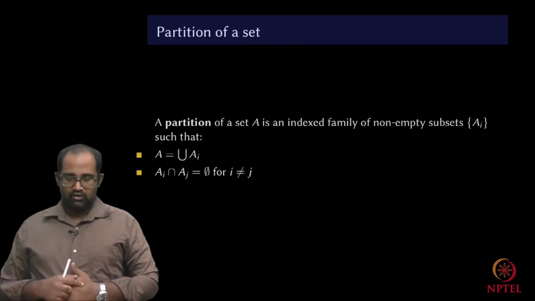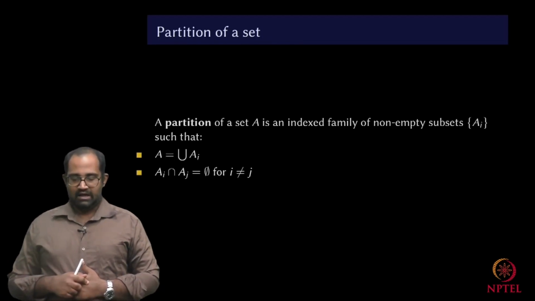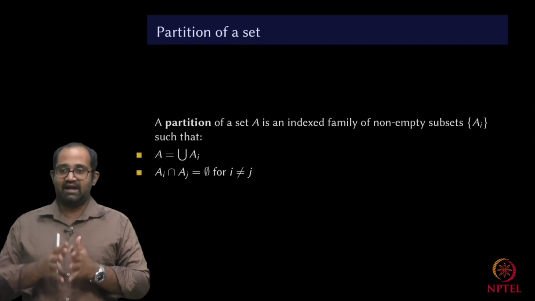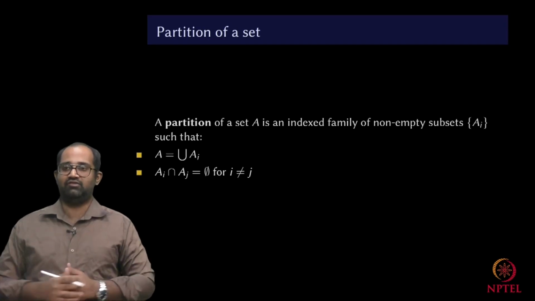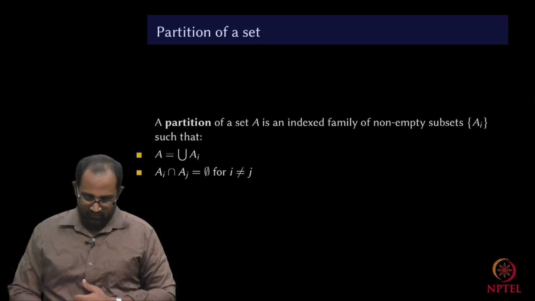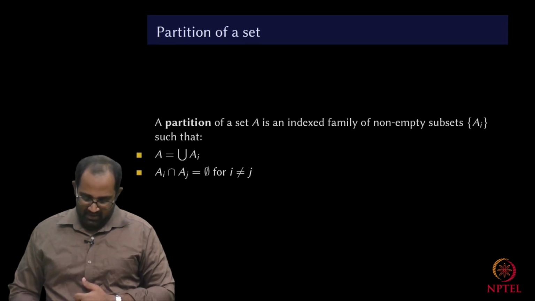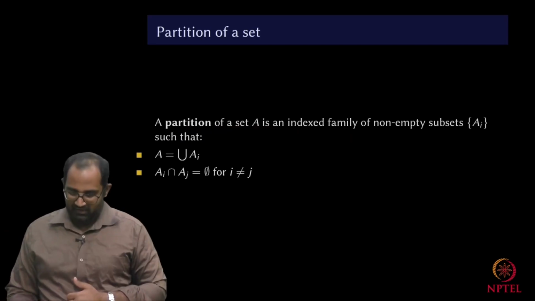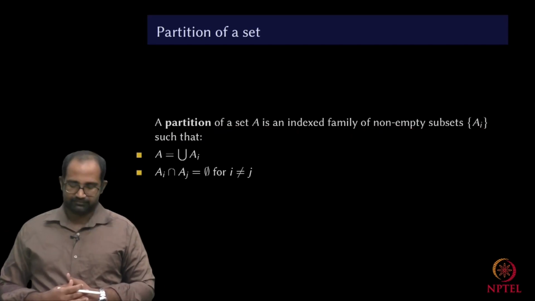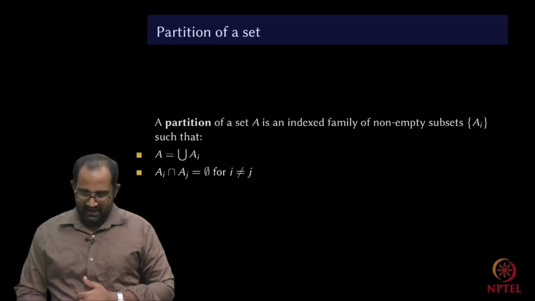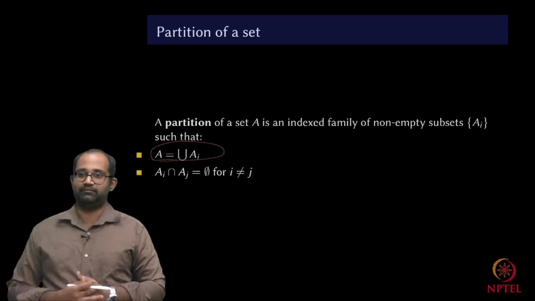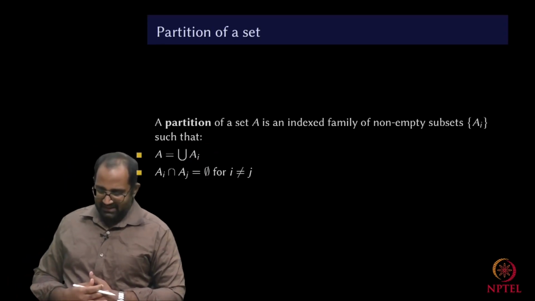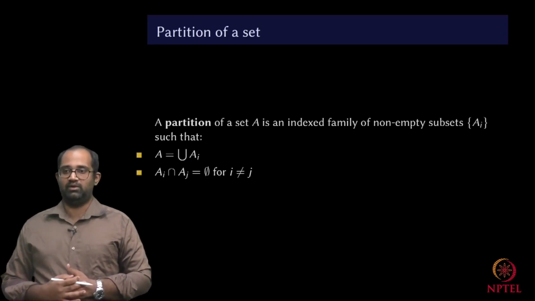Now, coming back to the original theme, that is, to break up a set into pieces that are disjoint and together make up the whole set, that is what is called a partition. A partition of a set A is an indexed family of non-empty subsets A_i such that A is equal to the union of the A_i, and A_i intersection A_j is equal to the empty set for i not equal to j.